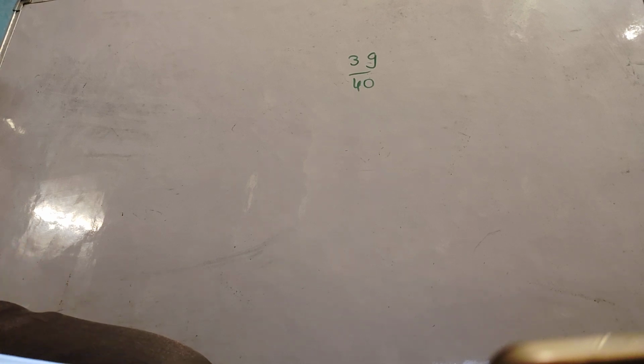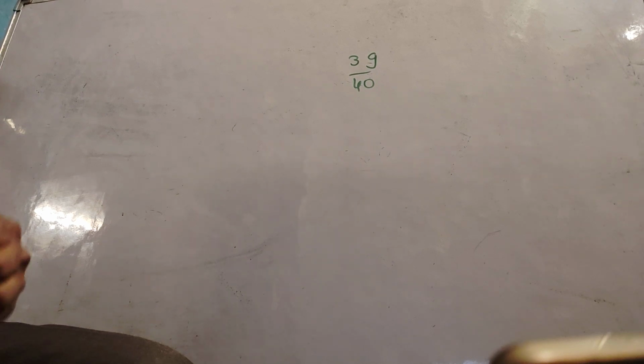39/40. It is similar to the previous one. In the denominator there is 40, so we multiply both numerator and denominator by 25.